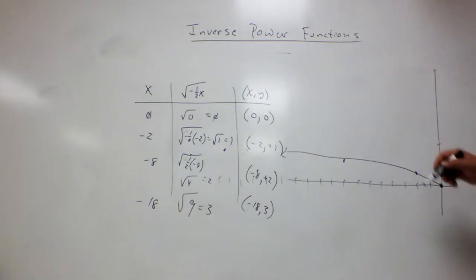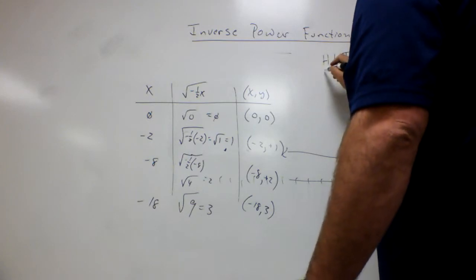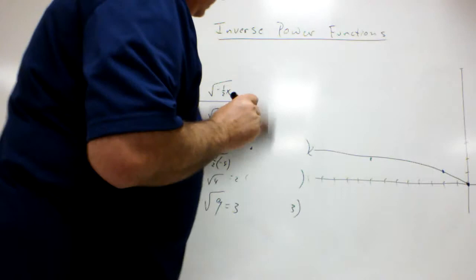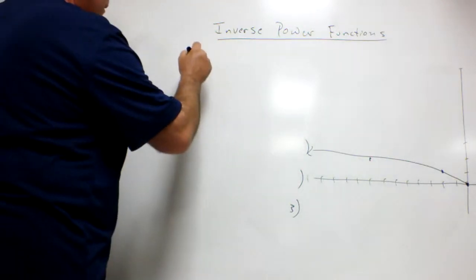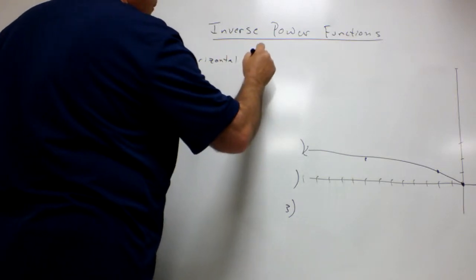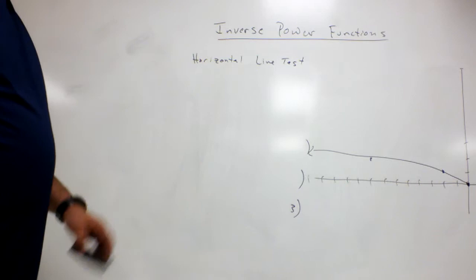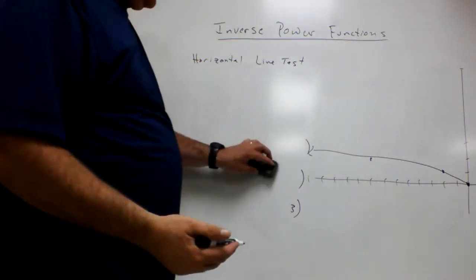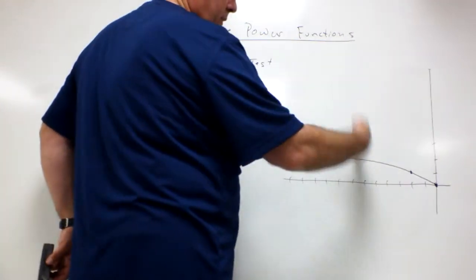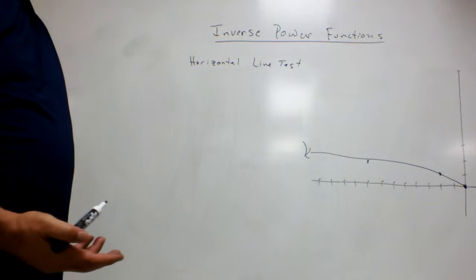Now we also want to talk about something called the horizontal line test. If you'll remember, when we check to see if something is a function, we do the vertical line test, and if it doesn't touch the graph in 2 places, then it's a function.